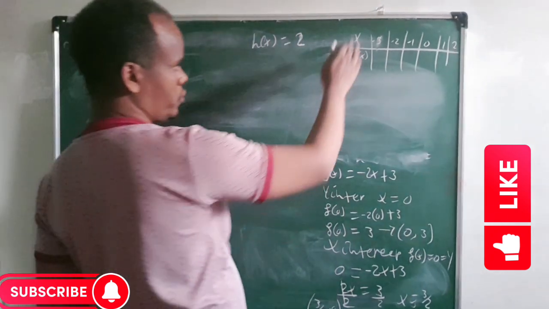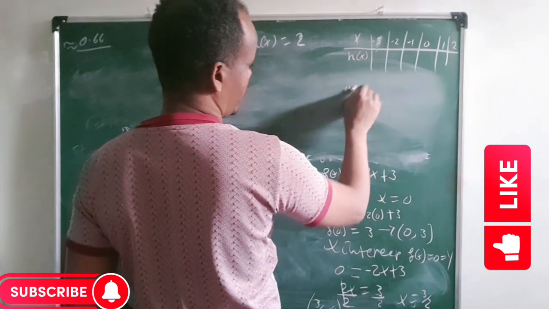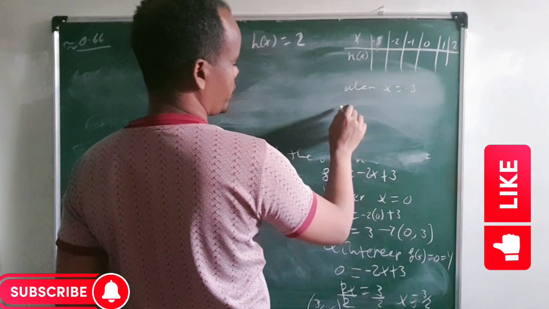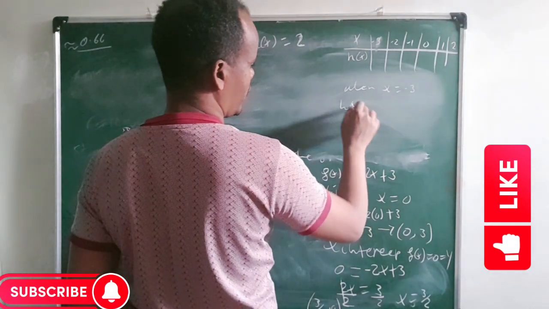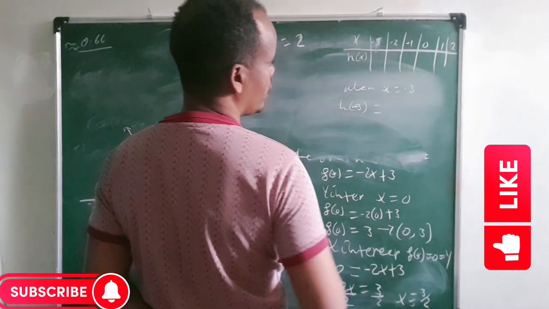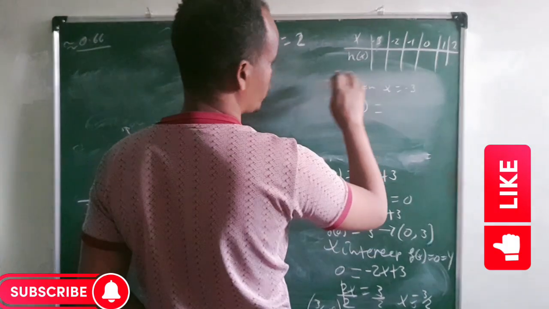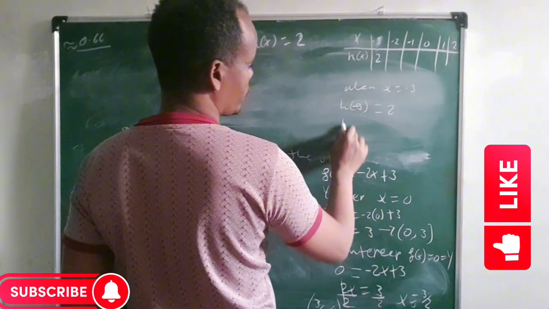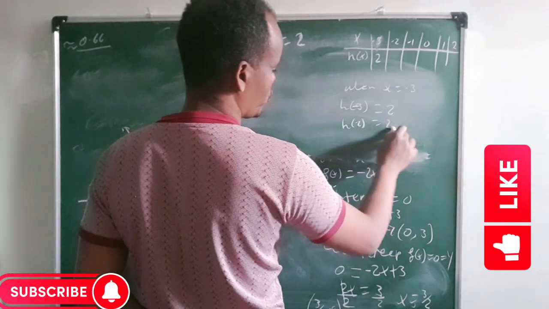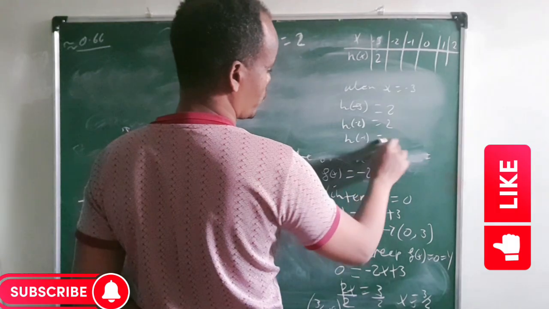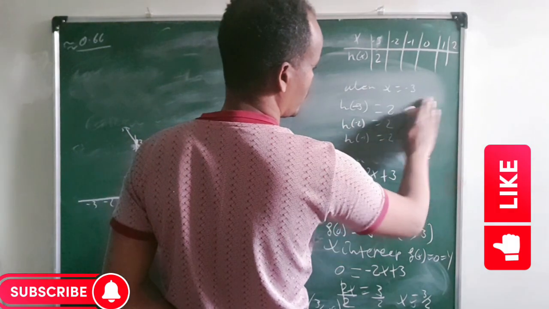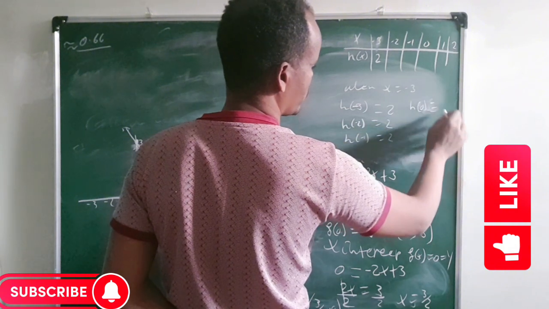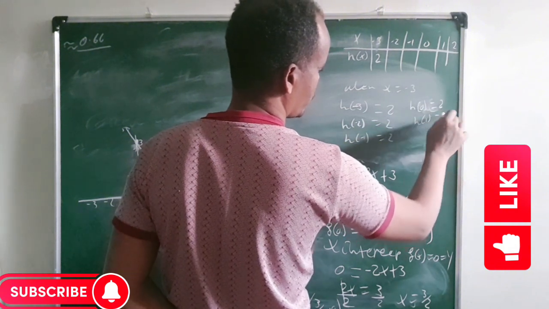When x is equal to minus 3, h of minus 3 is equal to 2. h of minus 2 is equal to 2, h of minus 1 is equal to 2, h of 0 is equal to 2, h of 1 is equal to 2.